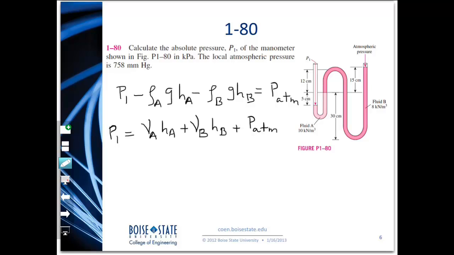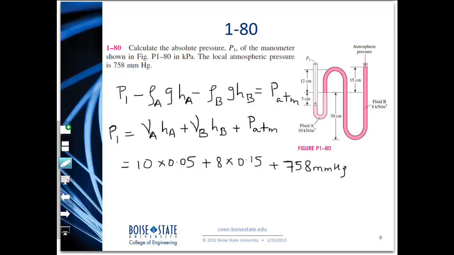Make sure now you convert everything into consistent units. Your answer should be in kilopascals. So I'm going to write 10 times 0.05, which would be in kilopascals, plus 8 times 0.15, which is the other height. I'm converting them into meters, plus we have to convert 758 mm of mercury into kilopascals as well.